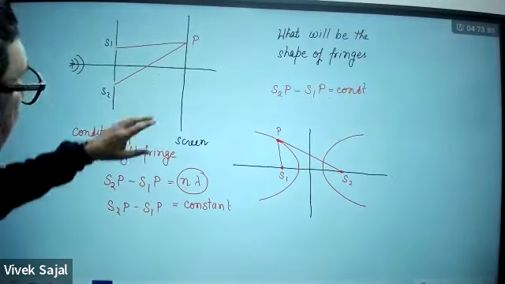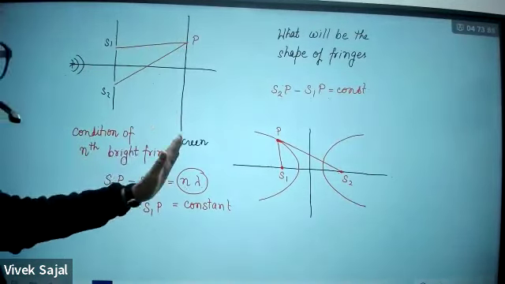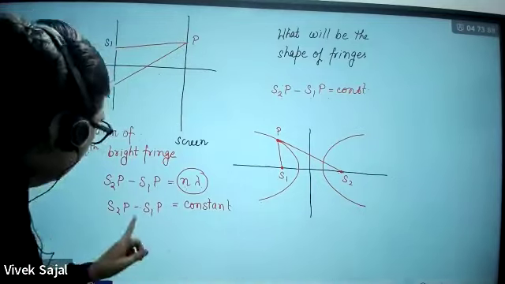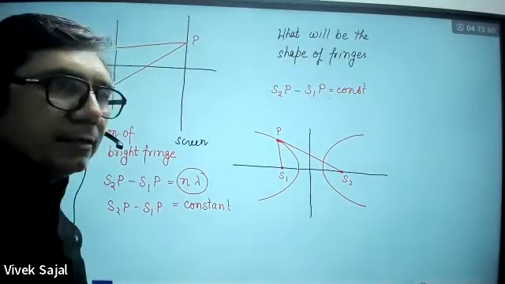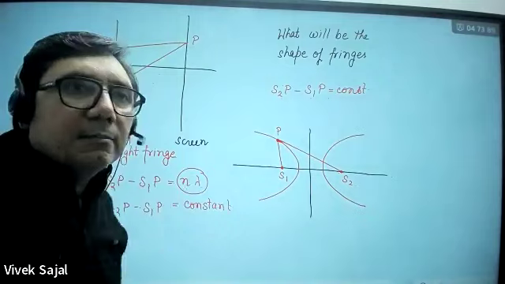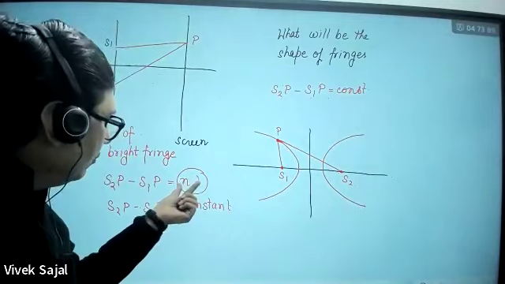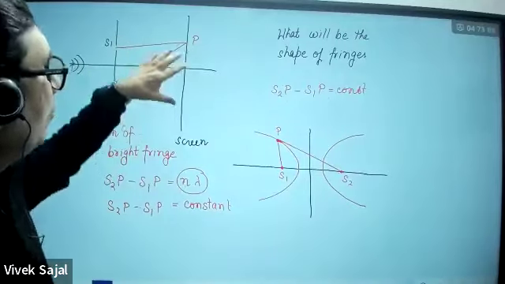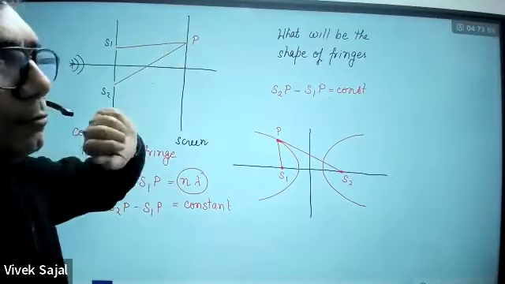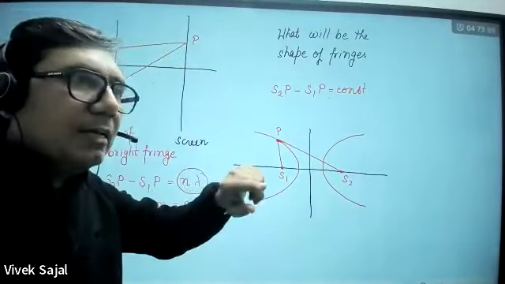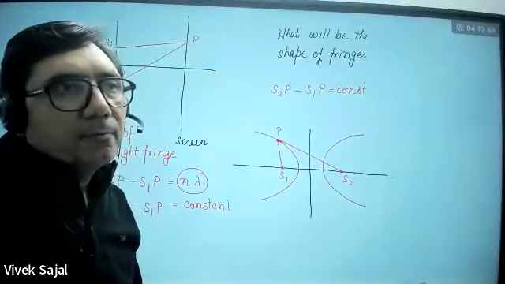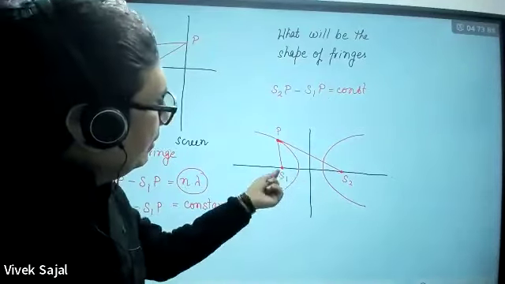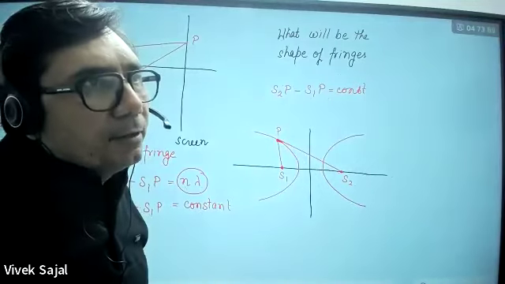This number will be a constant. It means the shape you should observe on this screen for the maxima should be a hyperboloid. That will be this type of hyperboloid.